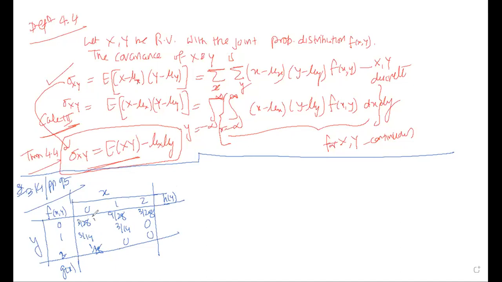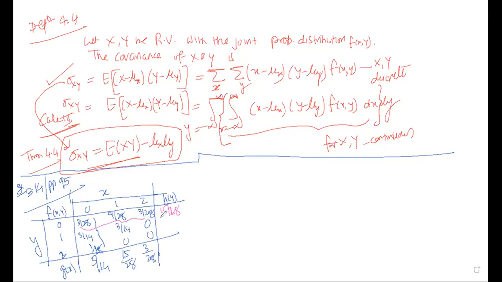First of all, take the sum of these three parts. If you take the sum of these three, you're going to get 5 by 14. Sum of these two, 6 and 9, that is equal to 15 divided by 28. Sum of this, that is simply 3 over 28. Then take the sum of this one. From here to here, 3, 9 and 3, 6 and 9, 15, so 15 over 28.